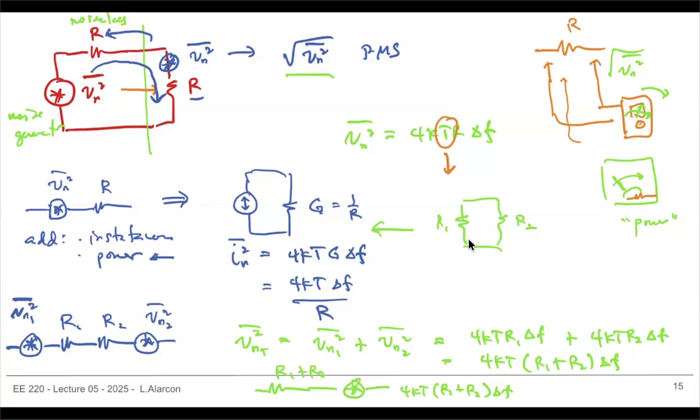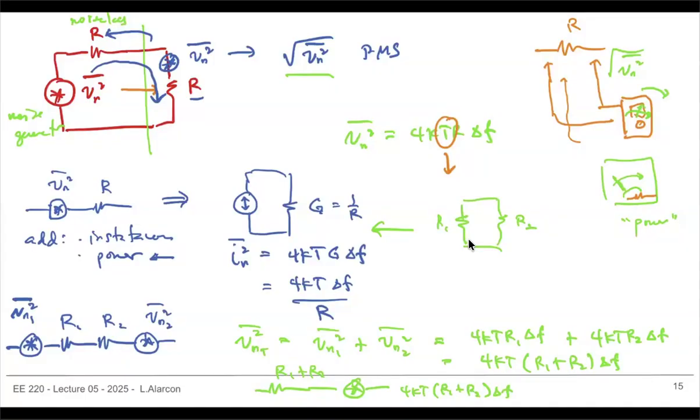I can use the current equivalent, and then we'll see that the current is just G1 plus G2, or 1 over the parallel combination of R1 and R2. You can just use the current formulation to get resistors in parallel.